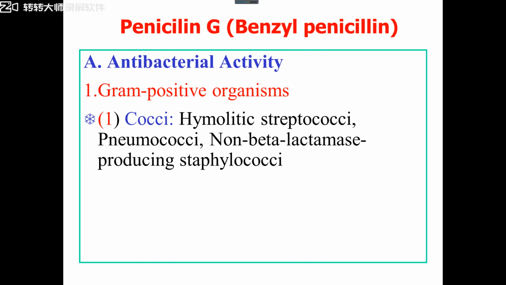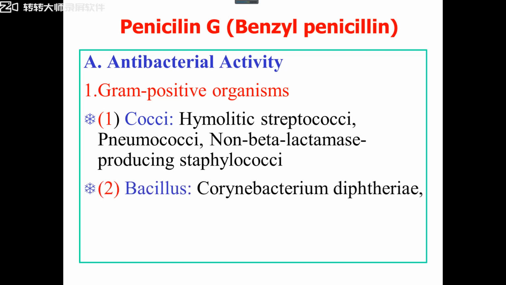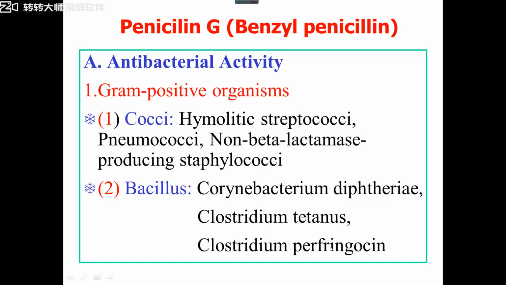non-beta-lactamase producing staphylococci. And it can kill not only gram-positive cocci but also gram-positive bacilli, such as Corynebacterium diphtheriae, Clostridium tetani, and Clostridium perfringens.